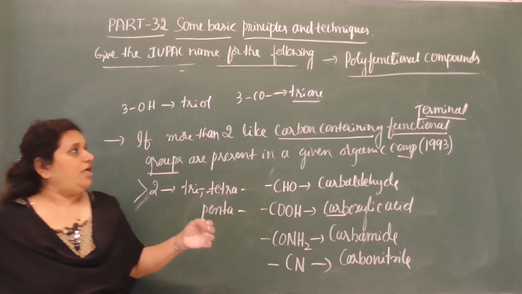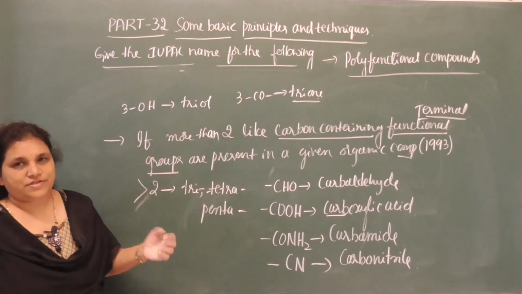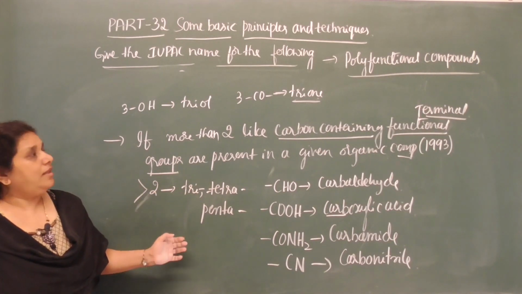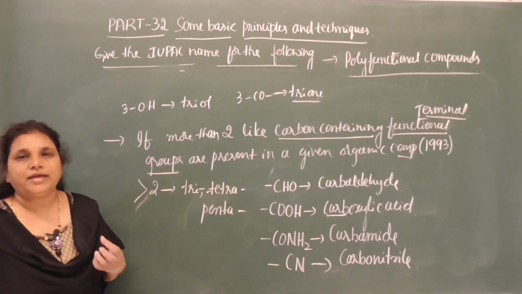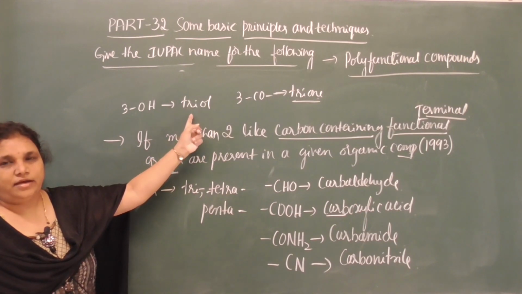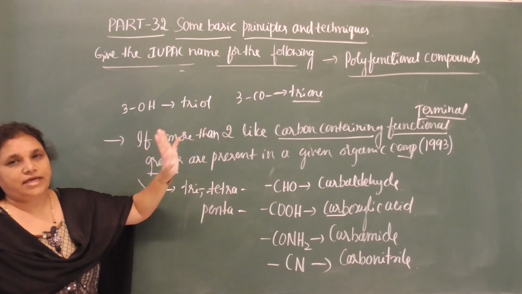Clear? Now if identical or like functional groups, more than 2 similar functional groups are present, then check if the functional group does not contain carbon; you just have to give tri, tetra, penta as prefixes before the secondary suffix.